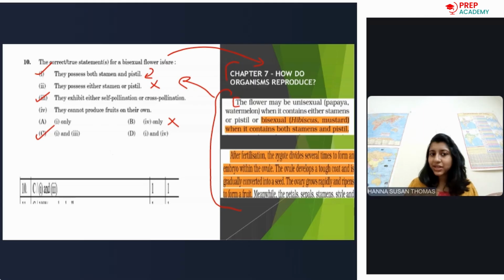Because after fertilization, be it unisexual or bisexual, the ovary will gradually develop into fruit, that we know. So it's a wrong statement. So our correct answer is option C, 1 and 3.